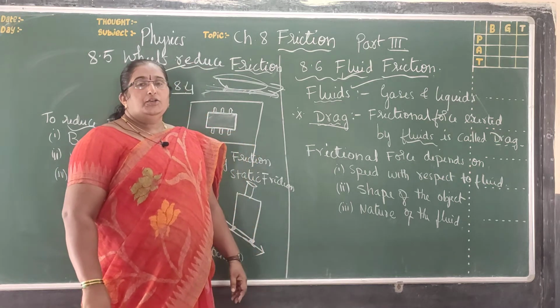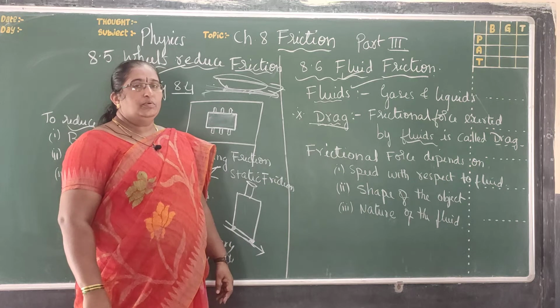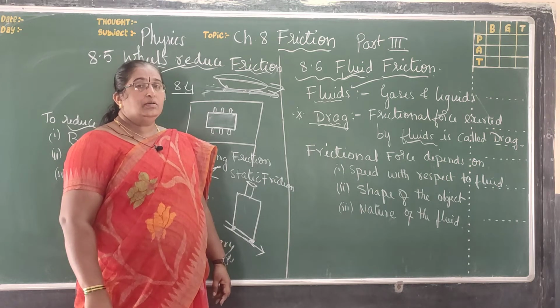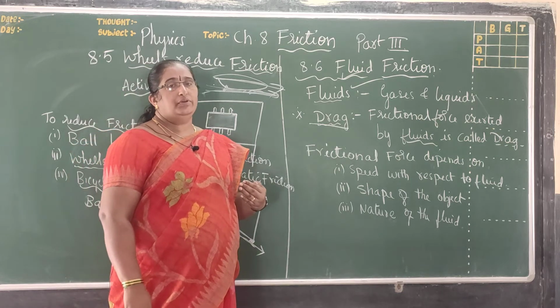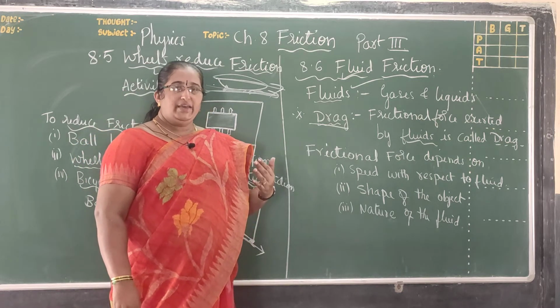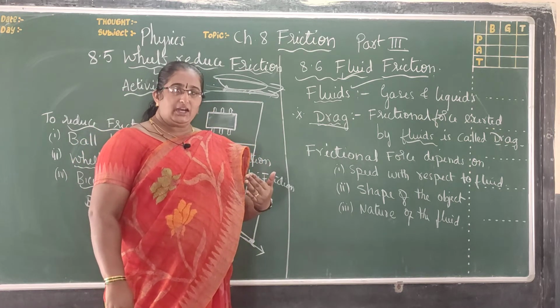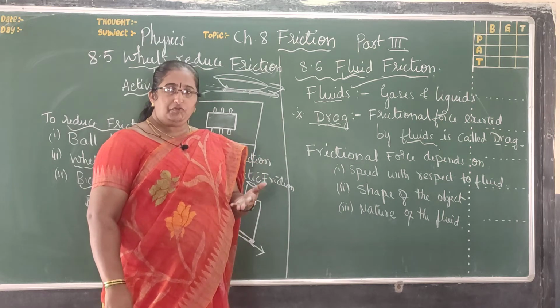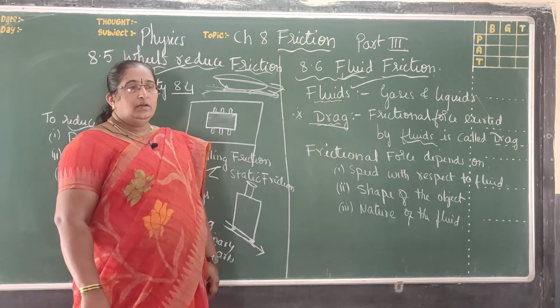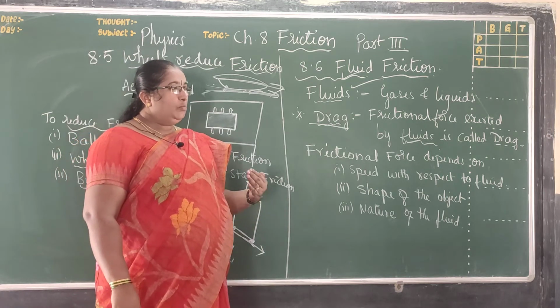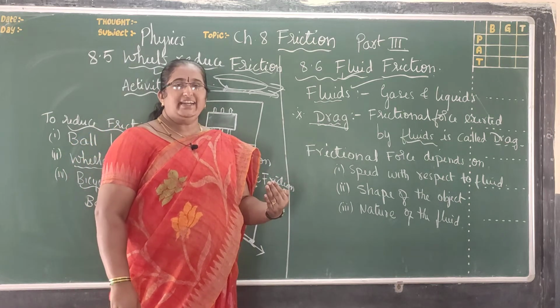So how do they move? Do they not experience a force opposite to the motion of the body? Yes, they are experiencing a force acting opposite to the motion, and that force we call frictional force. So how can it move with a greater speed?